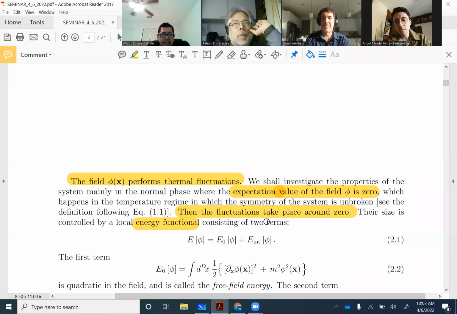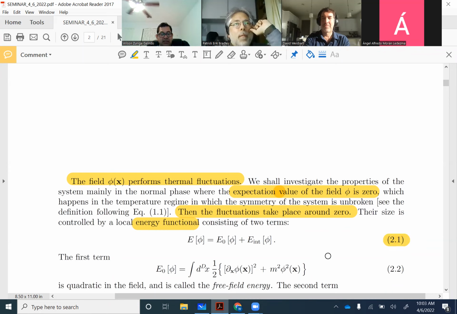This means that the fields perform fluctuations around the origin. Assuming this hypothesis, the size of the fluctuation is controlled by an energy functional.